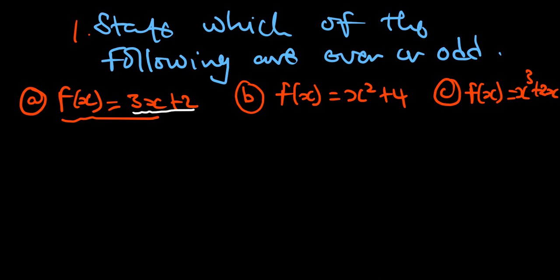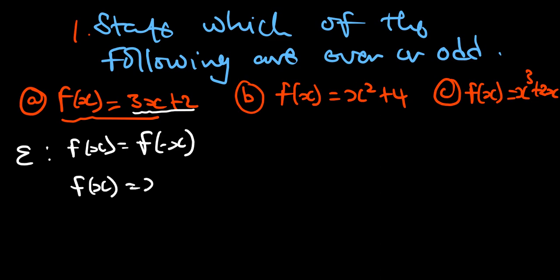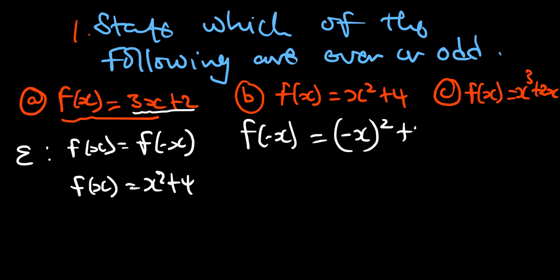Okay, so for even, we know that f of x should be equal to f of minus x. So f of x is just the same function, which is x squared plus 4. What about f of minus x? Okay, so f of minus x means where there's x here, I'm putting a minus x, and then I'm going to say squared and then plus 4.